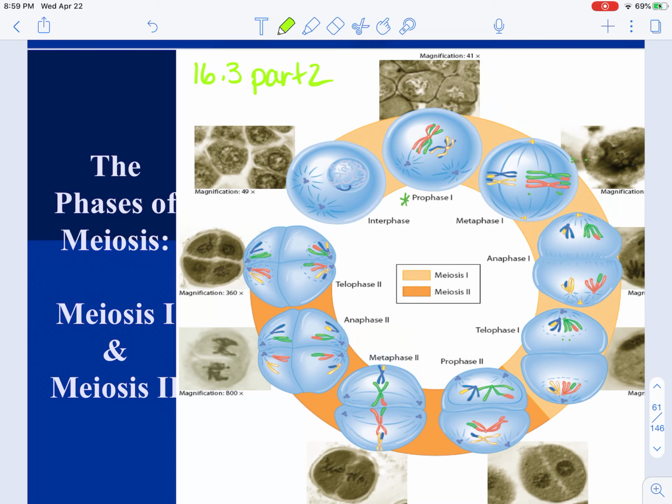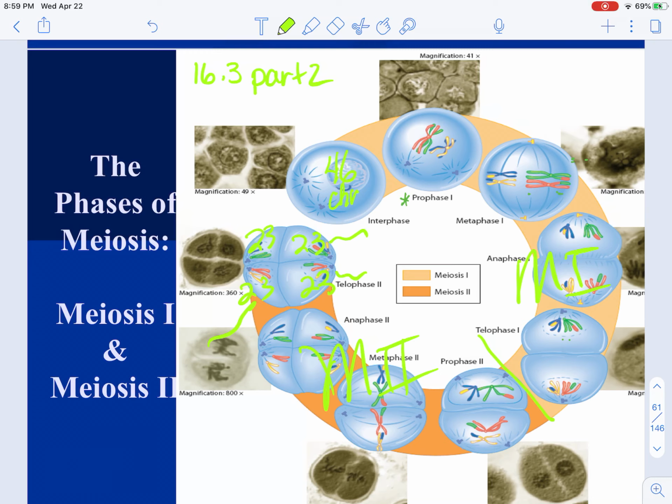So normal meiosis in human cells starts out in the testes or ovaries, and a cell with 46 chromosomes ends up making gametes. In this picture, after meiosis 1 and meiosis 2 are finished, we end up with 4 sperm cells that would have 23 chromosomes in each one.